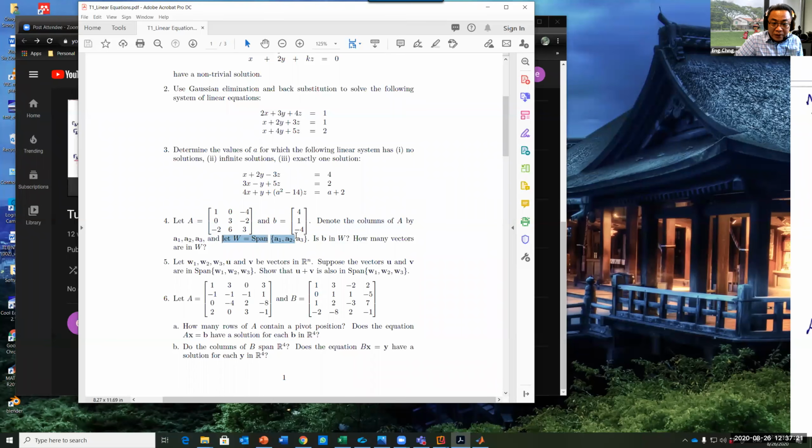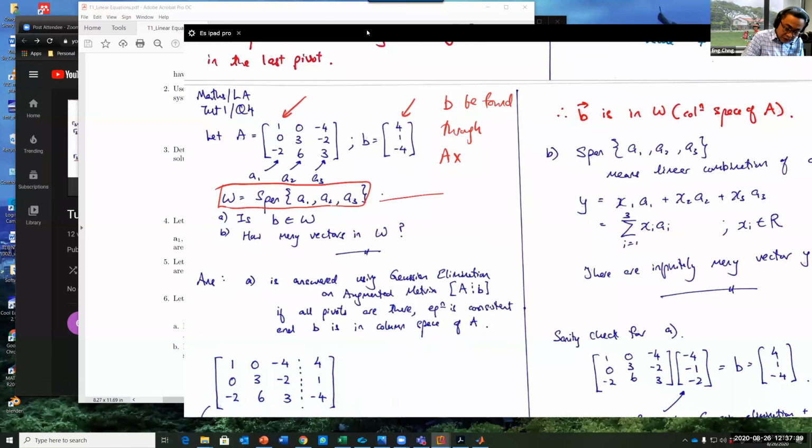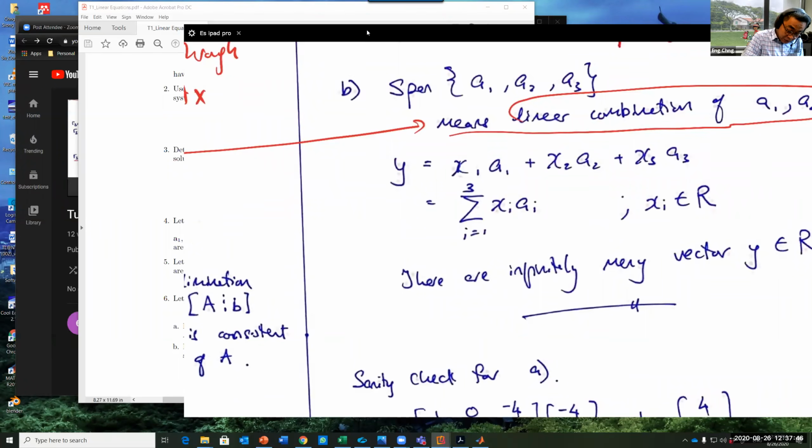So what he means is that W is a space spanned by these 3 columns of A. And what it really means when we say W is spanned by columns of A is that W is any linear combination of A1, A2, A3, which also means that we are allowed to multiply A1 by any scalar x1, A2 by any scalar x2, and A3 by any scalar x3, and add them together.